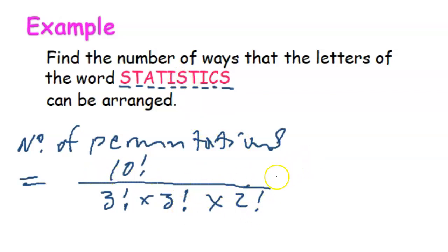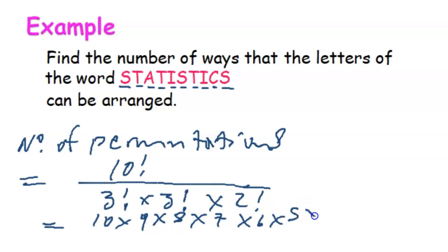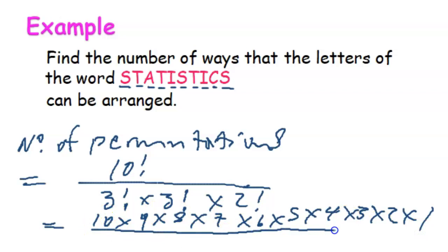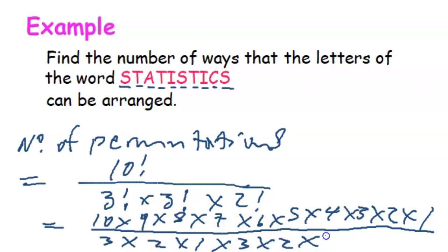So in doing the calculation, 10 factorial, that's 10 times 9 times 8 times 7 times 6 times 5 times 4 times 3 times 2 times 1, all over 3 factorial, that's 3 times 2 times 1, times 3 factorial again, that's 3 times 2 times 1, times 2 factorial, that's 2 times 1.